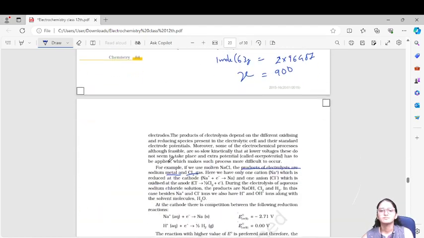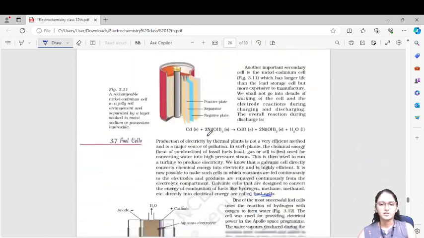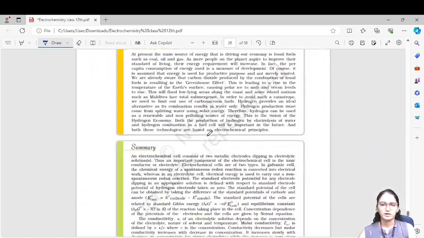Especially, diagrams will be asked in the case of the dry cell, lead storage cell, and H2-O2 fuel cell. Only three diagrams can be asked, other diagrams are not there. Their reactions at the respective cathode and anode are very important.